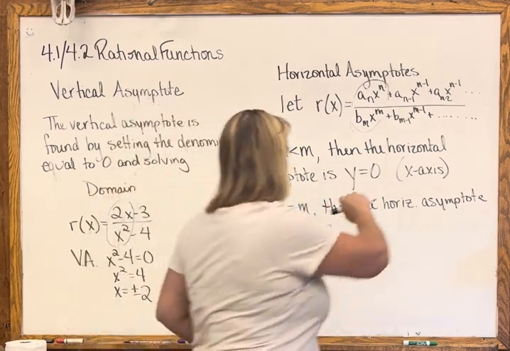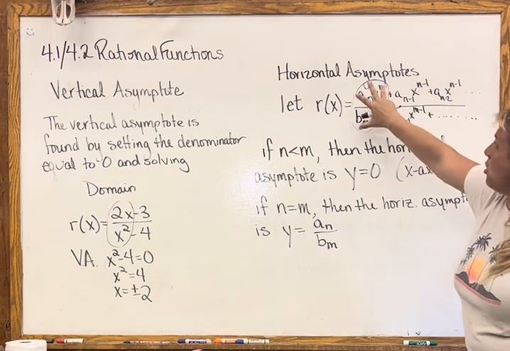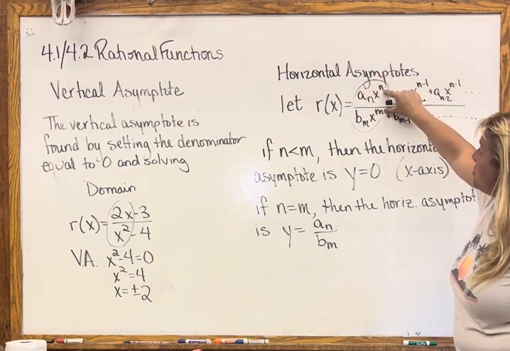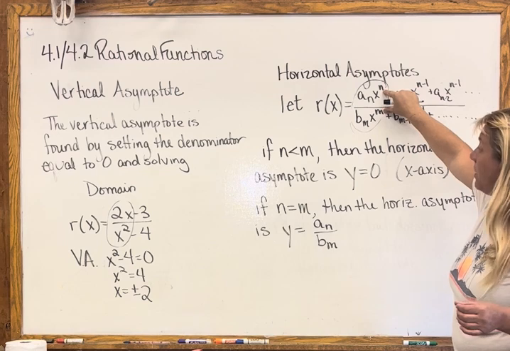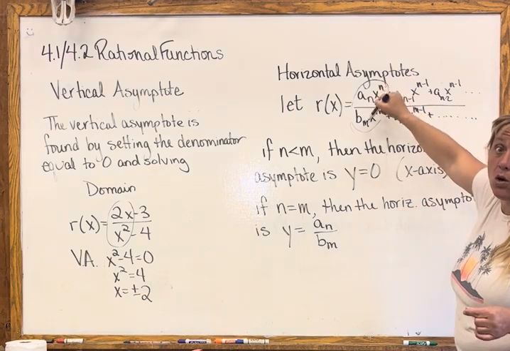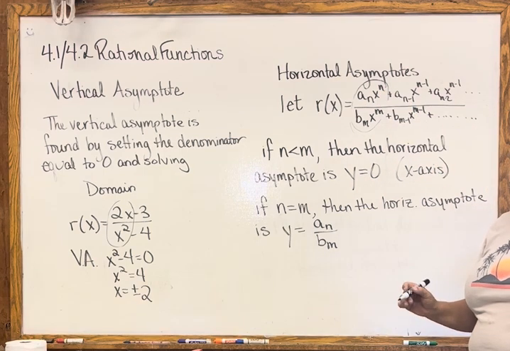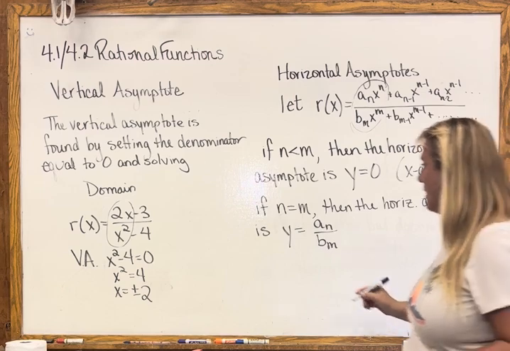Okay, so remember what I said. These guys right here don't matter. Okay, none of this matters. It's all right here. If these 2 degrees are equal to each other, then the asymptote is actually going to focus on the leading coefficient. And it's just the leading coefficients divided by each other. So we'll see an example of that.